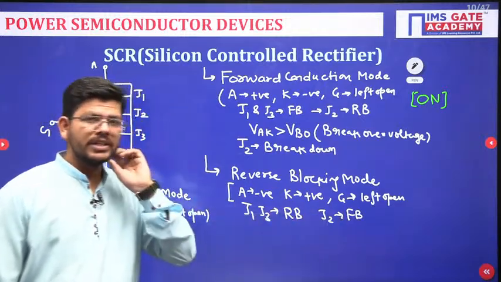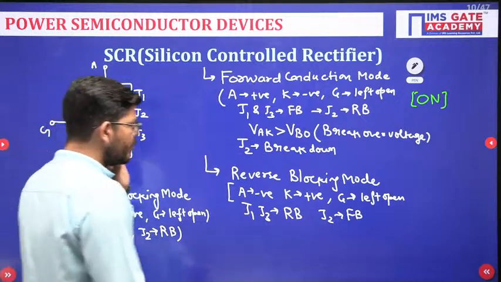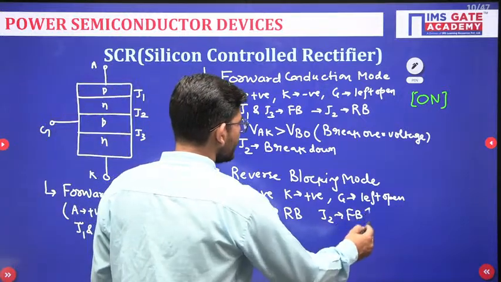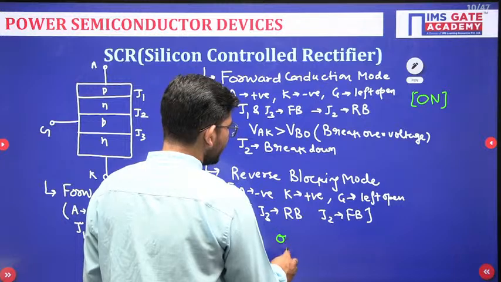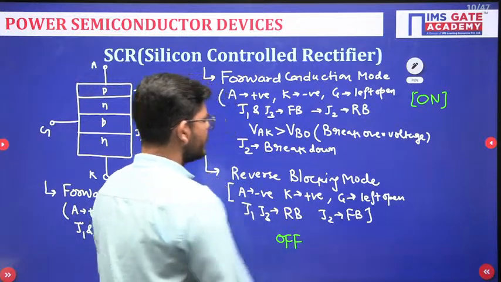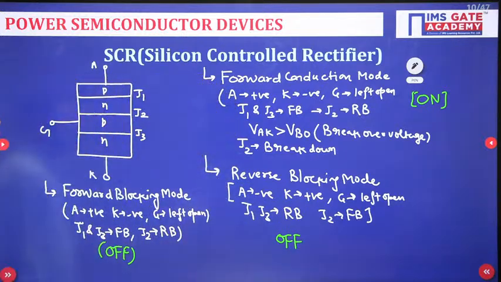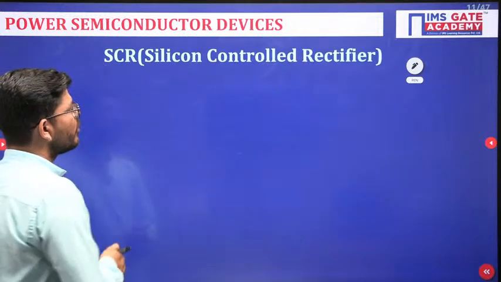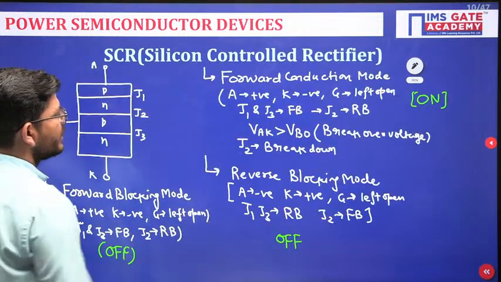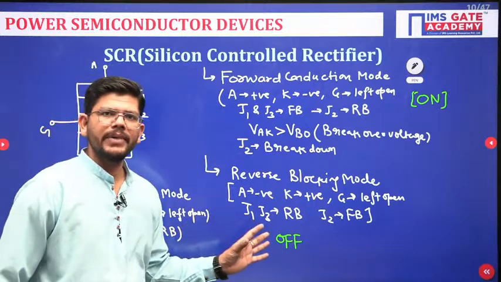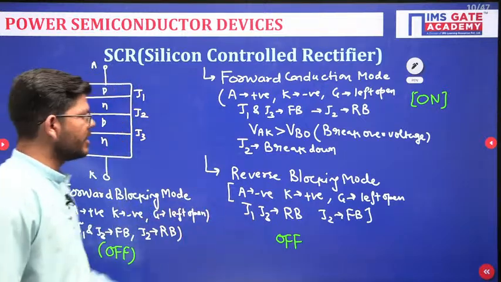Will there be any conduction? No, no conduction will happen and the device will still be in the off state. If we draw the characteristic, this is what will happen in all three conduction modes.